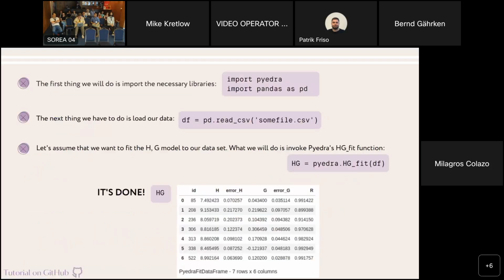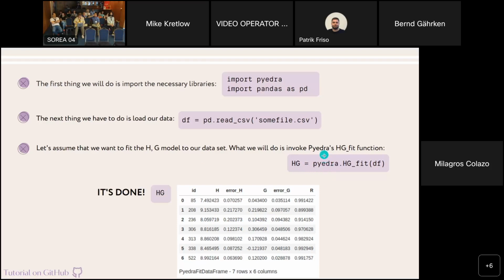The first thing that you need to do is import the libraries, which are Piedra and Pandas. The next thing is load our data with Pandas. And then if, for example, you want to fit the HG model, you need to invoke Piedra's HG fit function.